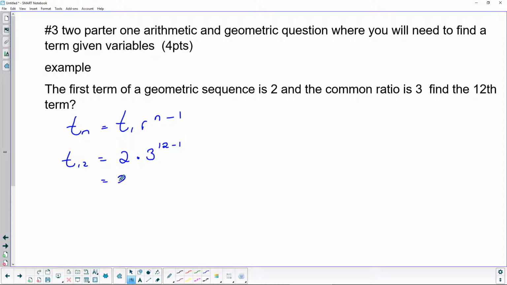So this is going to be 2 times 3 to the power 11. So you go 3 to the power 11, and then you multiply by 2, do order of operations. Take your calculator out. 3 to the power of 11 times 2 gives us 354,294. Okay, so that would be a two marks.